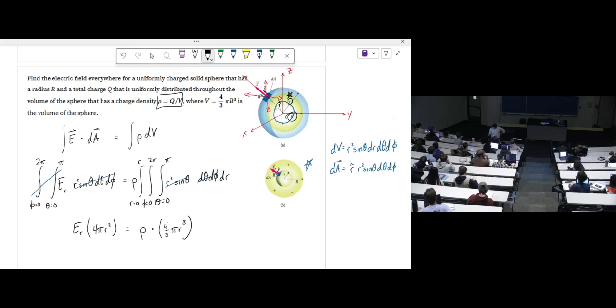There it is. I had some terms that weren't canceling out the way they were supposed to. 4 and 4 cancel out, pi and pi cancel out, r squared and r cancel out. So that's where I only have a factor of 3 in the denominator. So I've got, this is E sub r equals 1/3 rho r.